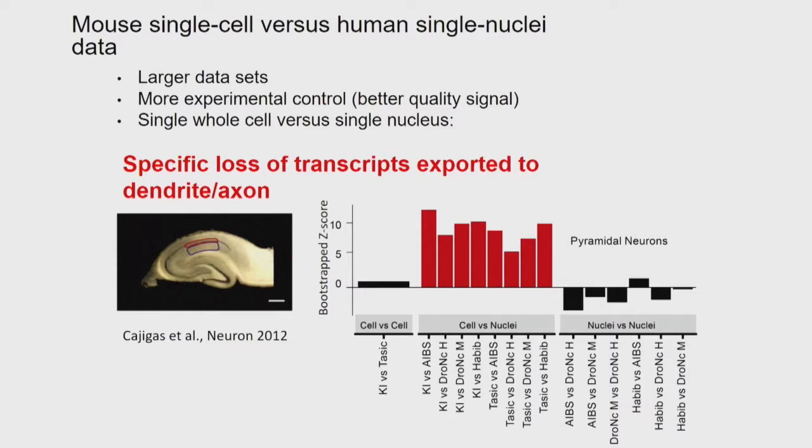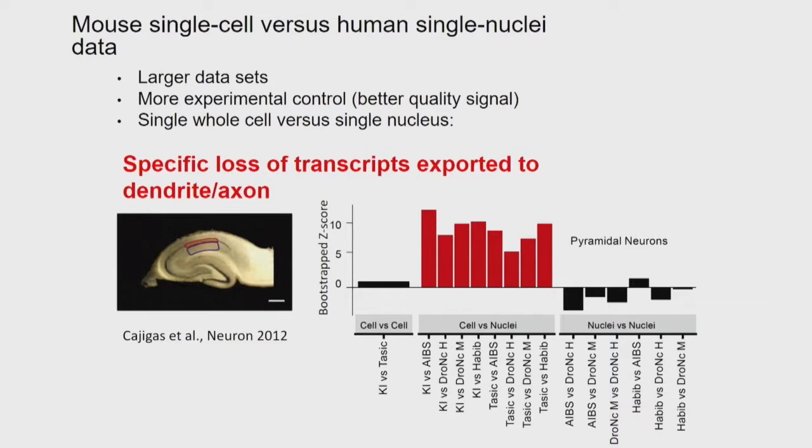So we've been using a mouse, where at the time we had larger data sets. We had better experimental control in terms of how we kill the mouse, and we can use single whole cell. Now we wanted to ask the question: are we selectively missing something, or do we have some kind of bias in the data when we move from whole cell to whole nuclei? To do this, we used a data set from Cahigas et al., published in Neuron, in which they took the pyramidal cell layer in the hippocampus.